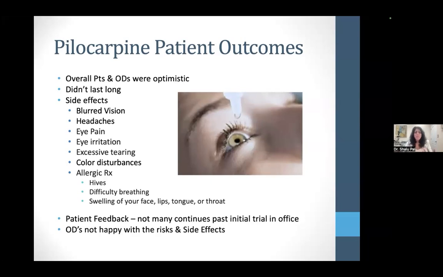The problem with the side effects is that, yes, it was helping the iris to constrict, but it was also always having this impact on the ciliary body, and that was creating problems. People would try it and the patients would be like, great, yeah, but no, I don't want to do this again. And ODs were not happy because they were like, we're creating a potential risk here, and there are all of these side effects that I'm not sure I'm comfortable with.